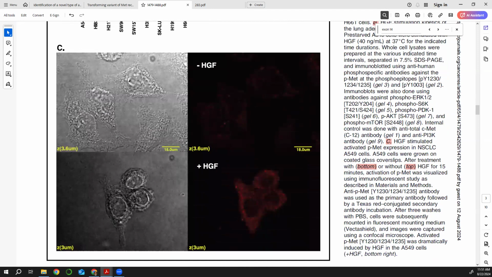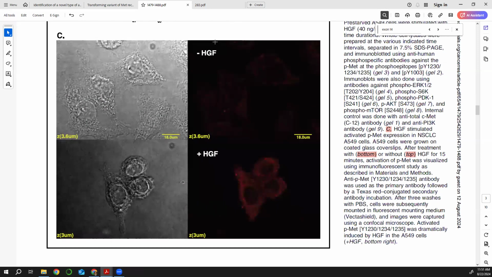Looking directly at the cells themselves, we see that cells that are grown on cover slip here at the top and at the bottom, after 15 minutes of incubation with the hepatocyte growth factor, followed by immunofluorescence detection with an anti-MET antibody, show significant upregulation of MET.